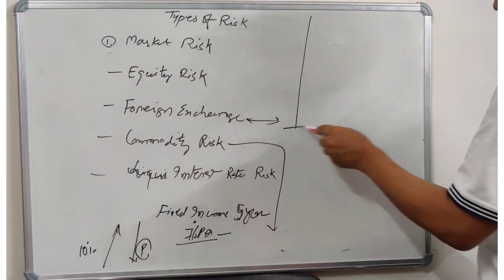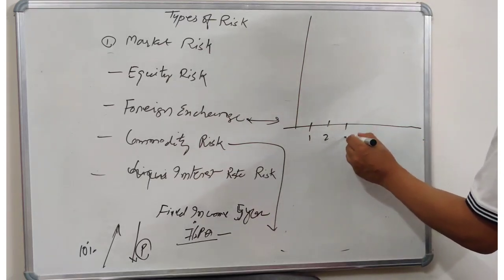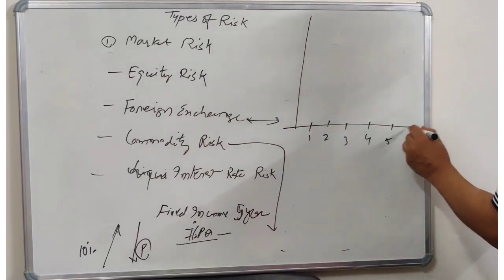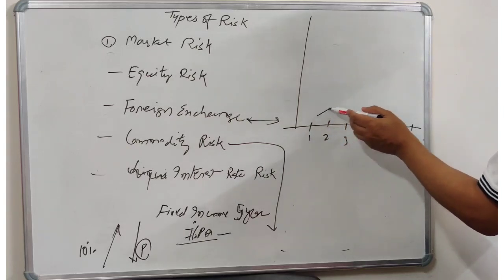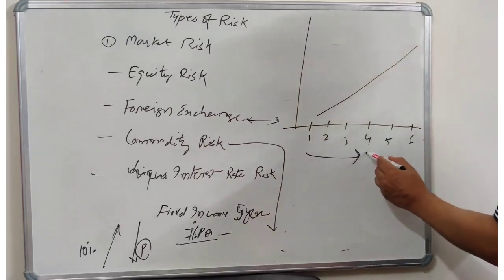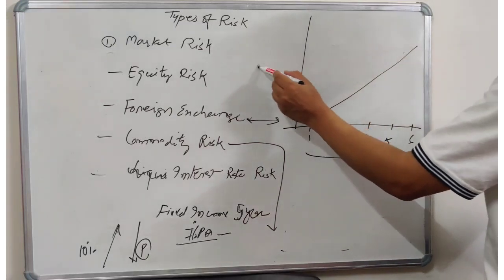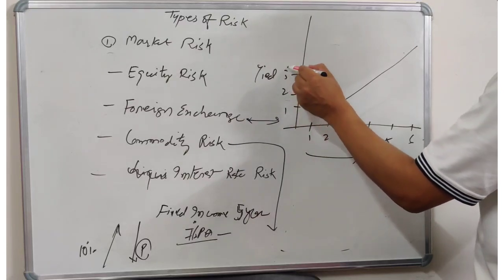If we have the yield curve, like it is 1 year, 2 year, 3 year, 4 year, 5 years, 6 years. So generally the yield curve of a normal market is like this. This is years, this is yield. Let's say this is 1, this is 2, this is 4.